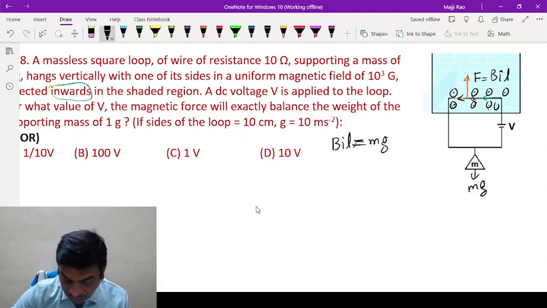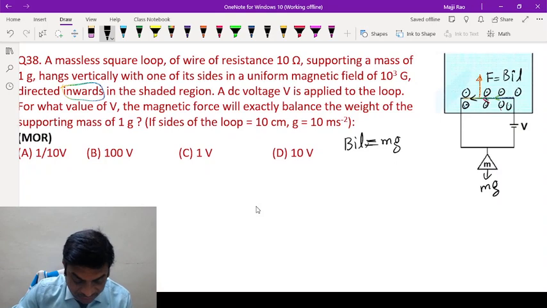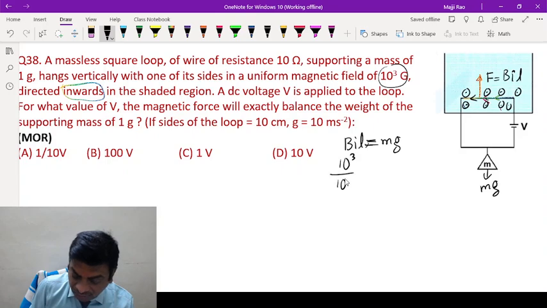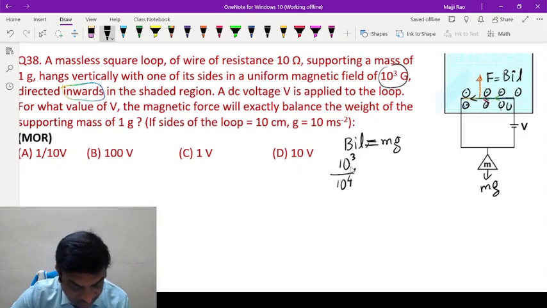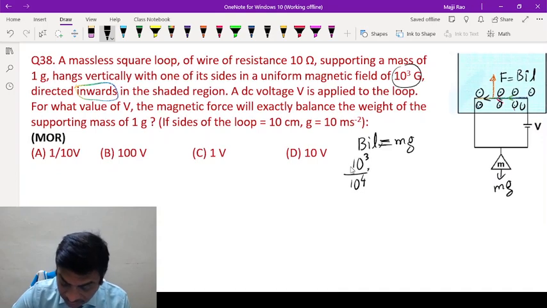Okay. So what is the magnetic field given? Magnetic field is 10 power 3 Gauss. Divide by 10 power 4 to convert this into Tesla, because we will be proceeding in SI unit. Then current is how much? Voltage upon resistance.